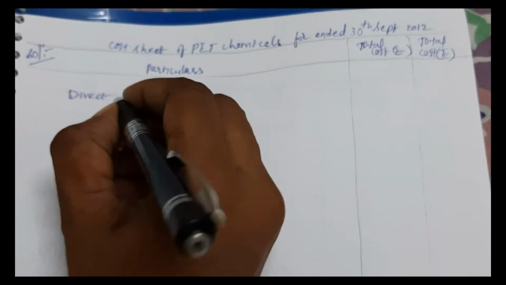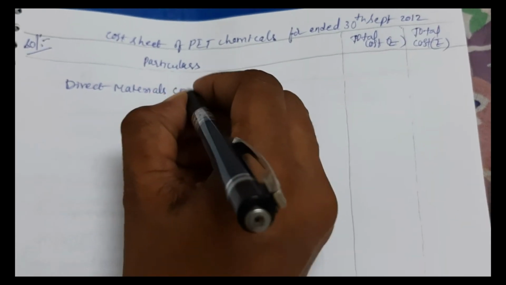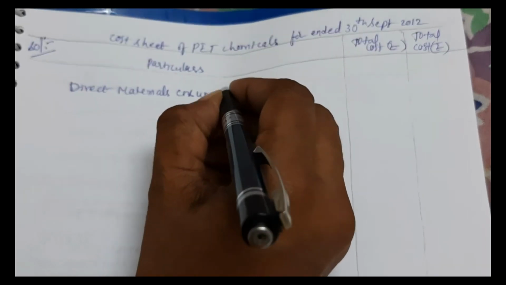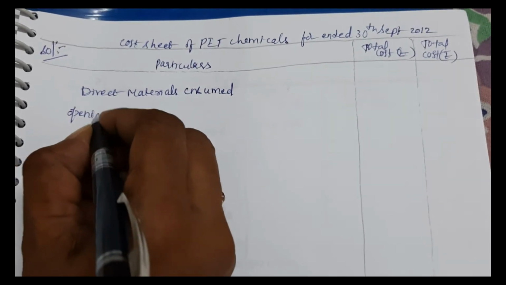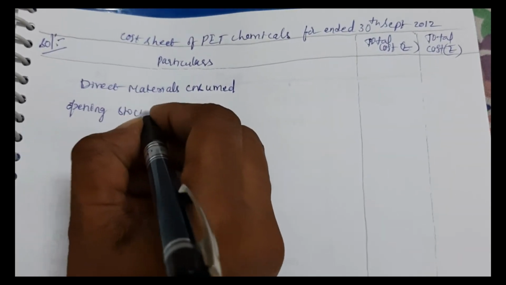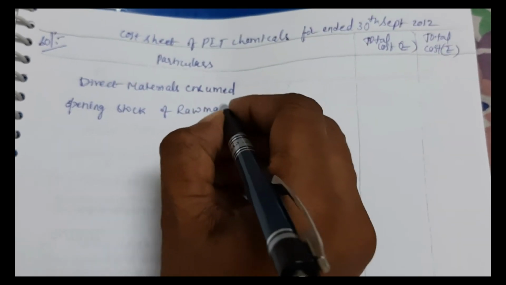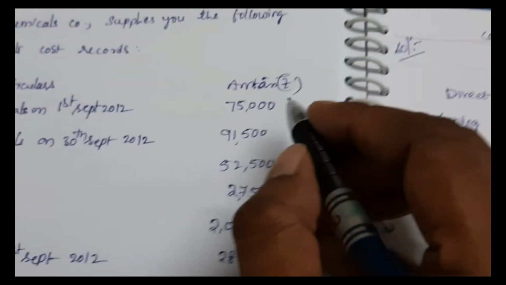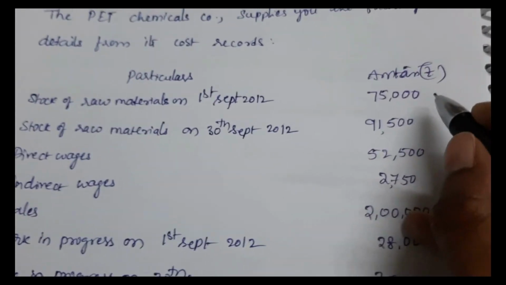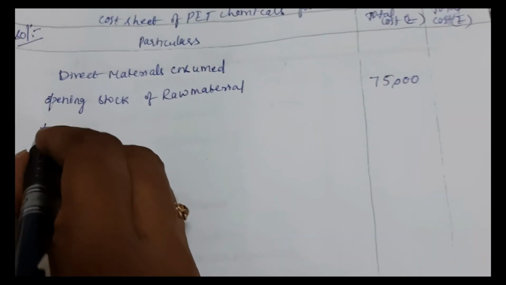So this will start with the direct materials consumed, for which you have to start with opening stock of raw material, which is given 75,000. So take the amount in the inner column, 75,000.